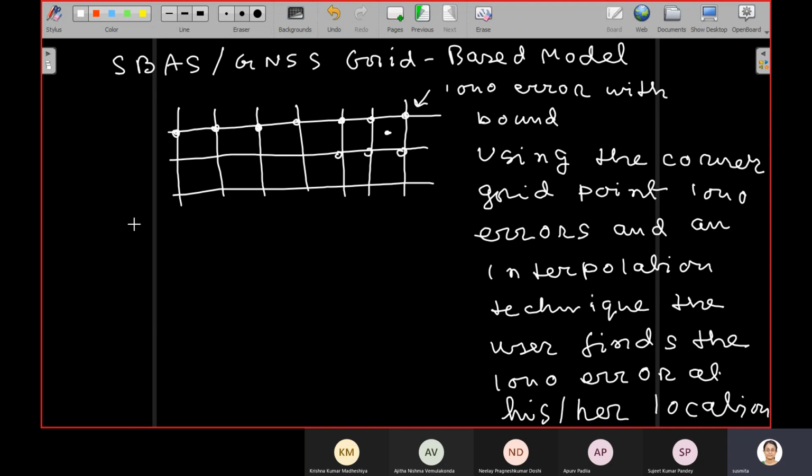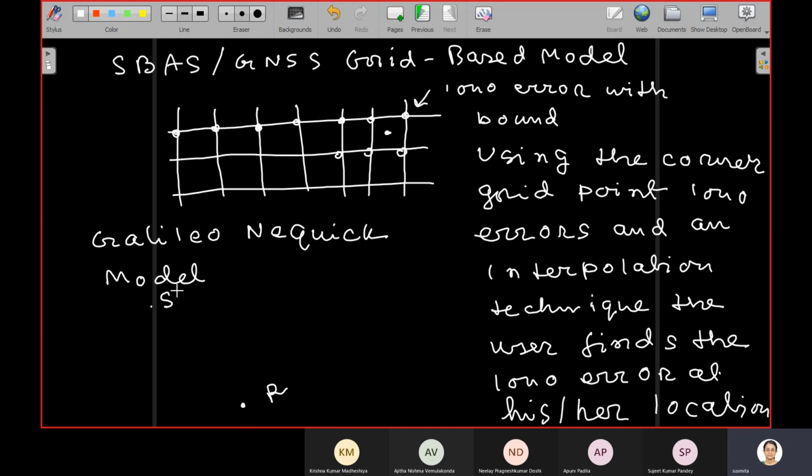Okay. Then another model which was developed for Galileo is called the Galileo NeQuick model. Now in this case, what happens? This is a highly precise model, much more accurate than the Klobuchar model. Using the Galileo NeQuick model, along the signal path, the electron density is calculated.